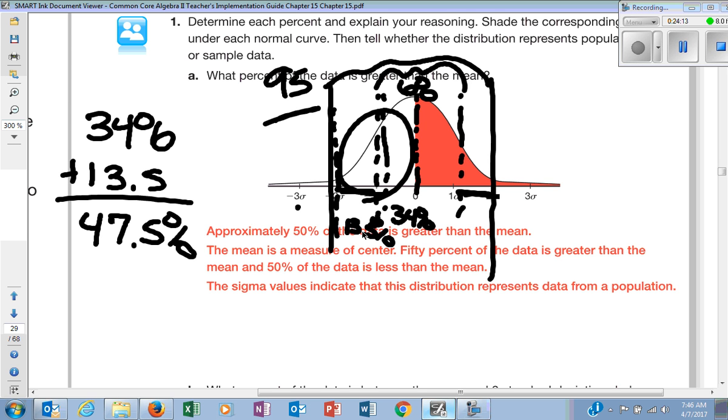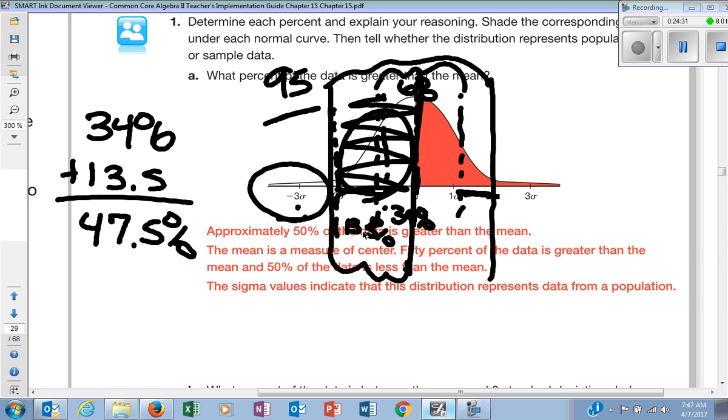So how much is this going to account for? From here to here, half of 95, which is 47.5. I counted this whole thing. Notice I did not include this. That's why it's not the full 50%. My little tail got cut off. Kind of like my doggy.